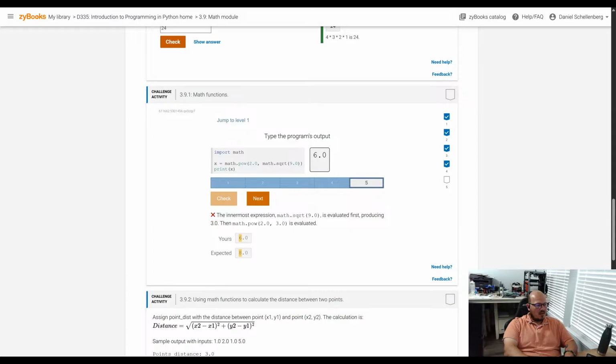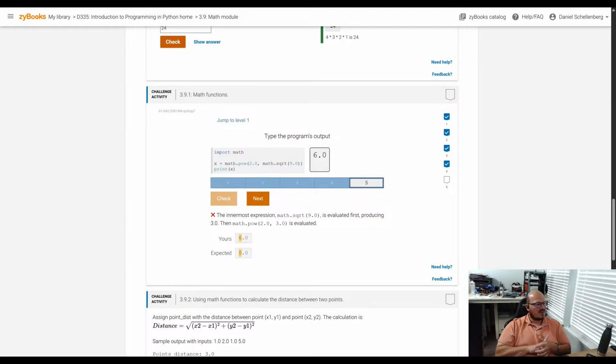Let me see. Because you want to take 2.0 to the power of 3.0, because the square root of 9.0 is 3, right?